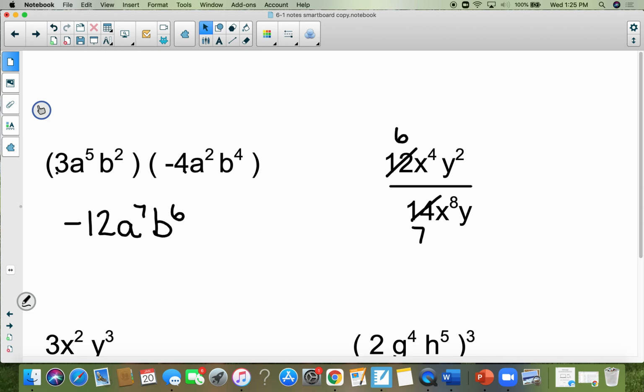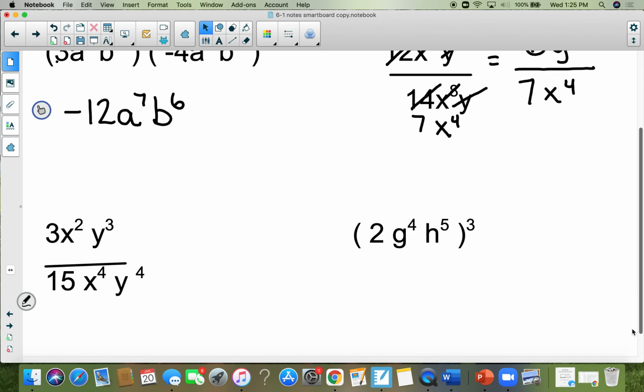That's all you can do with the numbers. I take away 4 x's on the top. I also have to take 4 x's away on the bottom. That's why there's only 4 left. I'm going to take away 1 y on the bottom. I also have to take 1 y on the top. My final answer is going to have a 6 and a y on the top and a 7x to the 4th on the bottom. Final answer.